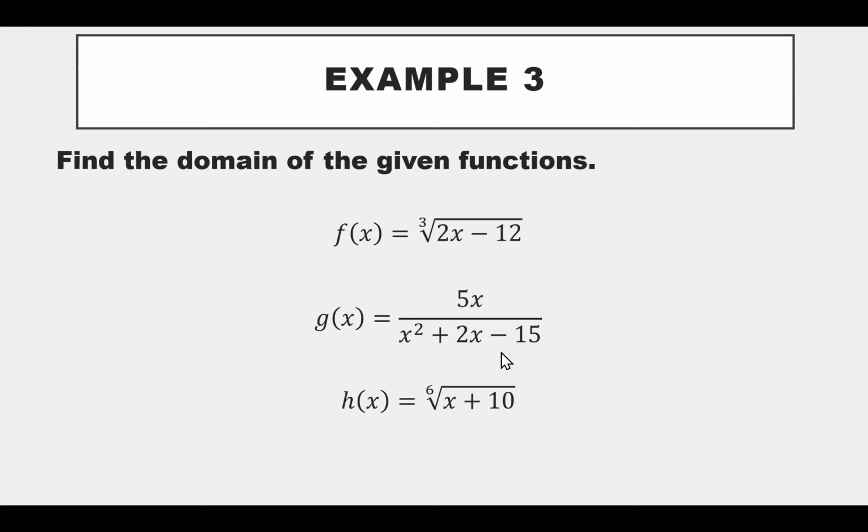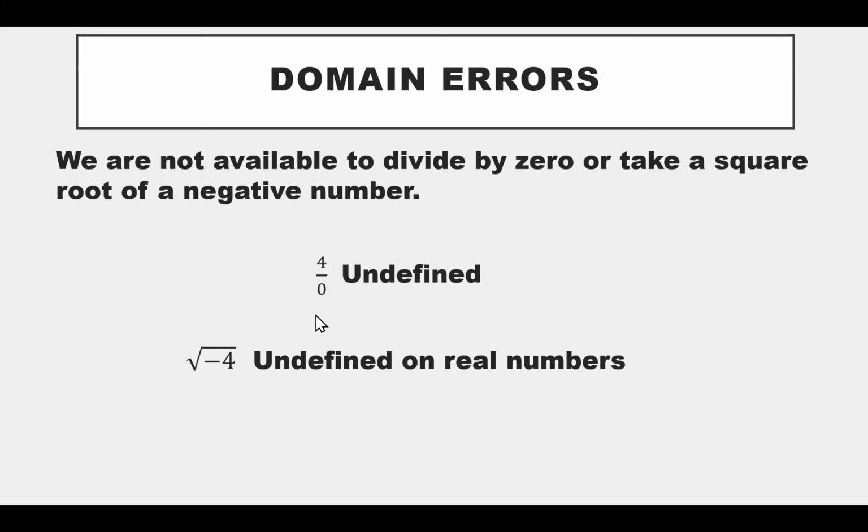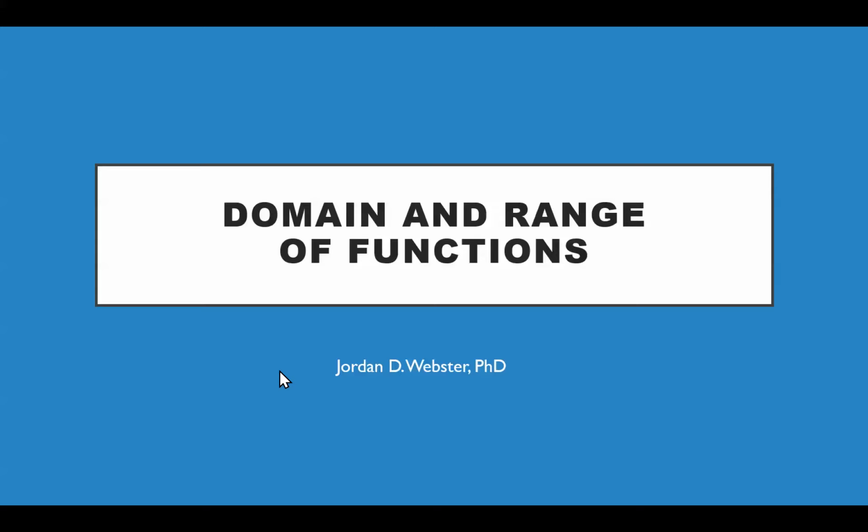Again, remember that the two things we are really concerned about in this class are domain errors where we're dividing by 0 or taking the square root of a negative number. And so that's it for this section on domain and range of functions.